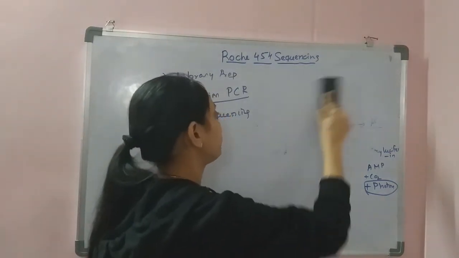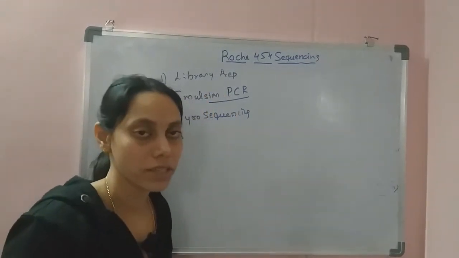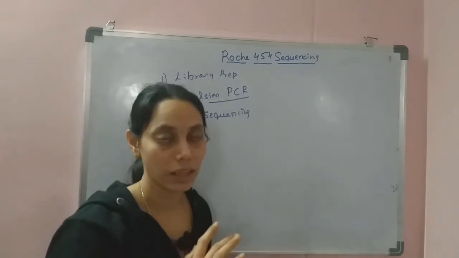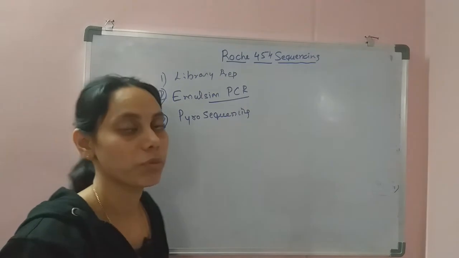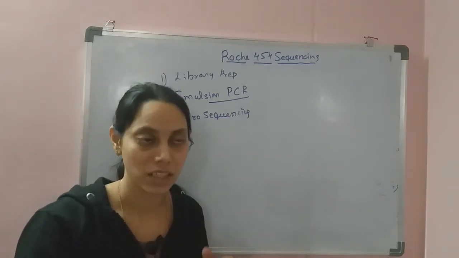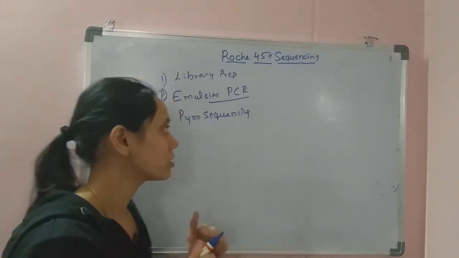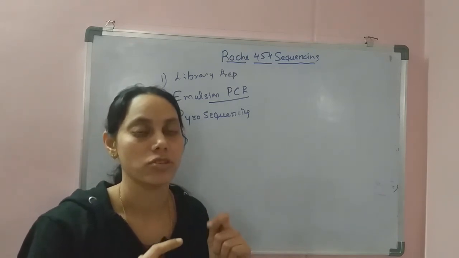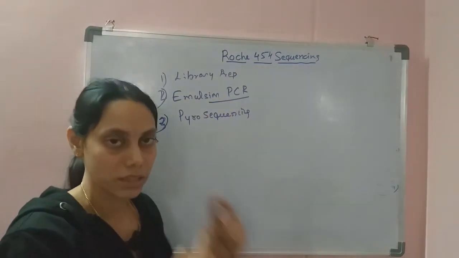So up to here, in this Roche 454 DNA sequencing technology, we discussed how we process the isolated DNA for sequencing. Under library preparation we fragmented the DNA, every fragment is denatured, and there is adapter ligation. These single-stranded DNAs with two adapters attached on both ends are the products from the first step.